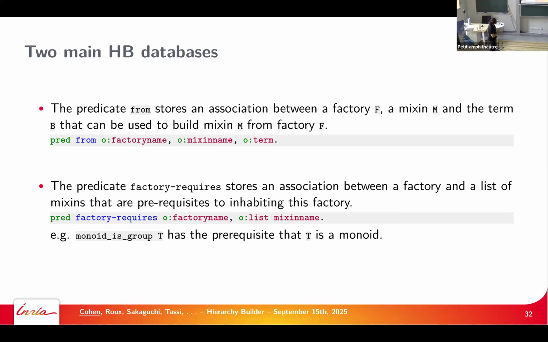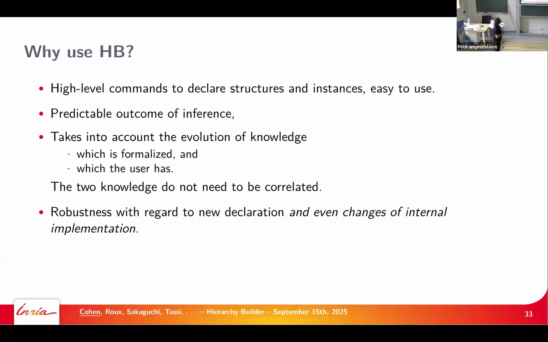And this is another predicate which tells you the dependencies. In order to talk about this factory, you need all those mixins. For example, the monoid's group is a prerequisite so that in order to make T a monoid.